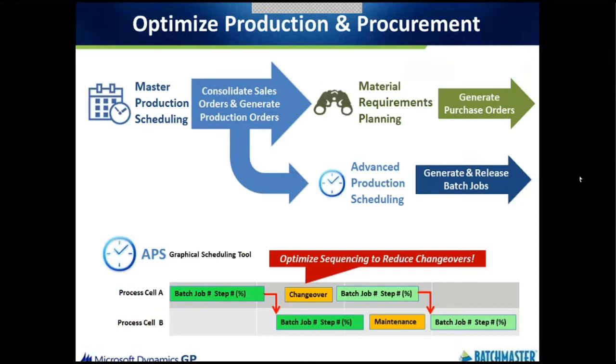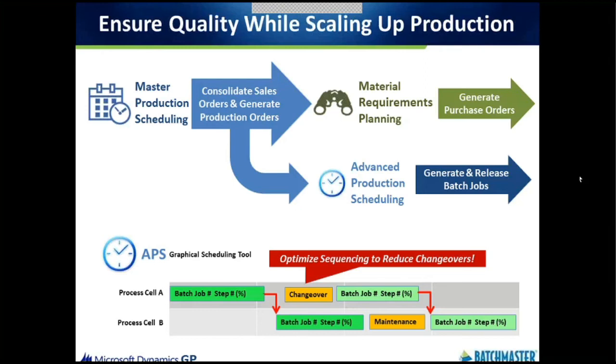It gives you better control over the production lines that the batch jobs run on, and you can add in some changeover and maintenance tasks as well. And then MRP is going to allow you to generate purchase orders that align and are back-scheduled to meet the MPS-generated production schedule. And Diane will touch upon that.